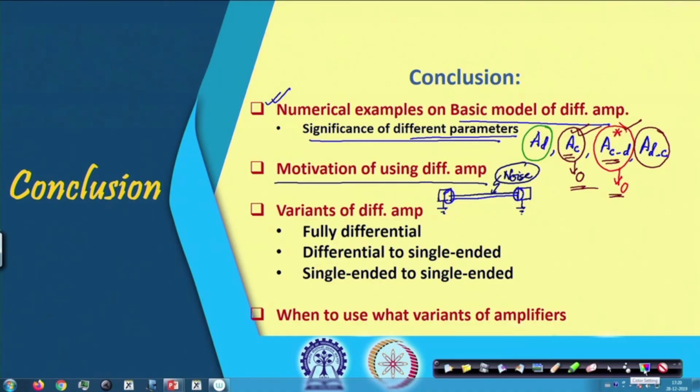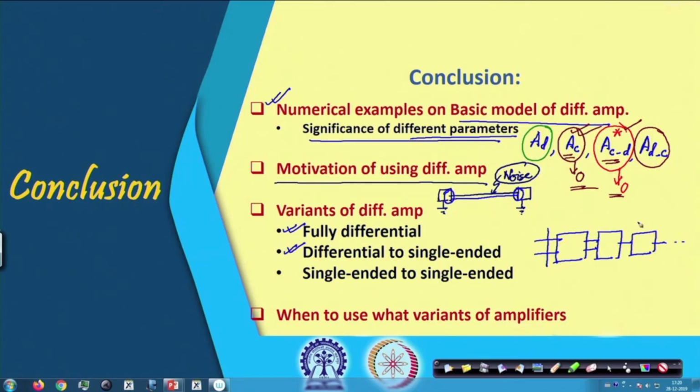So, after the basic discussion, we started with the fully differential amplifier. We also introduced something called a differential to single ended amplifier, so that as you are progressing towards the system, that signal chain is getting converted from differential to single ended, and subsequently it remains single ended.